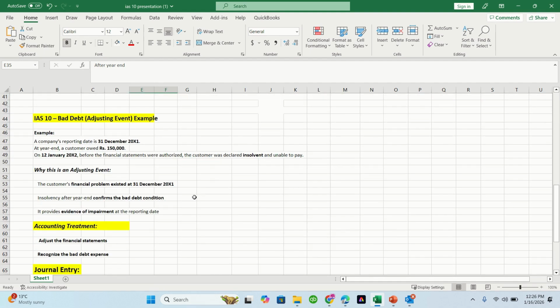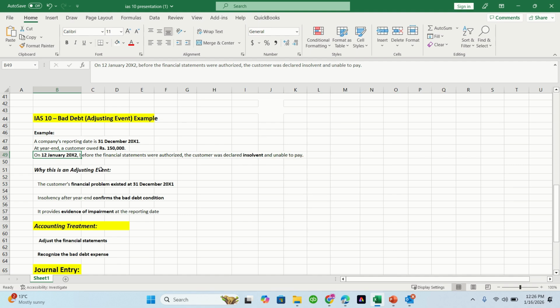Okay, here we have an example of bad debt. A company's reporting date is 31st December X1. At year end, a customer owed 150,000 rupees. On 12th Jan X2, before the financial statements were authorized, the customer was declared insolvent and unable to pay.